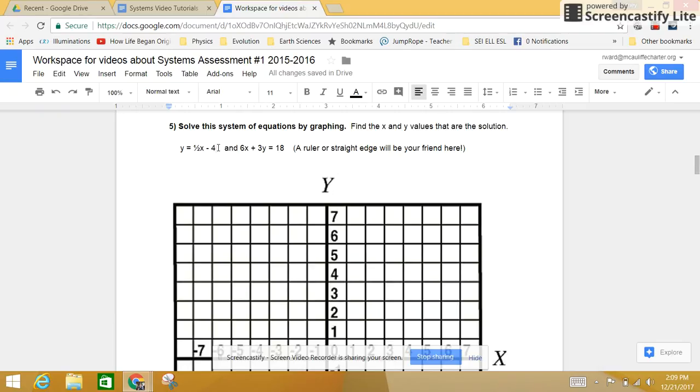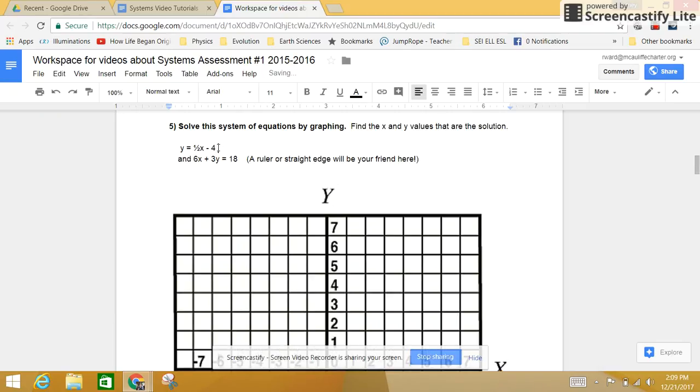Since that is in the slope-intercept form, which is y equals mx plus b, I can take the pieces of that equation and work out some details. I know my slope equals 1/2, and I know that my y-intercept, which we often call b, is -4. So that means I have a point at 0, -4.